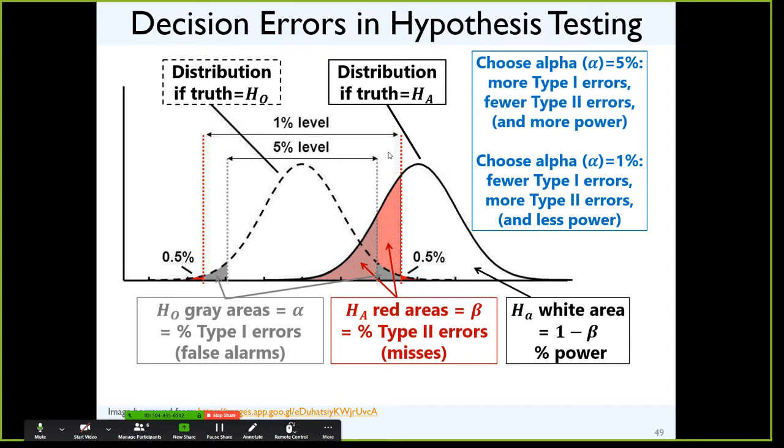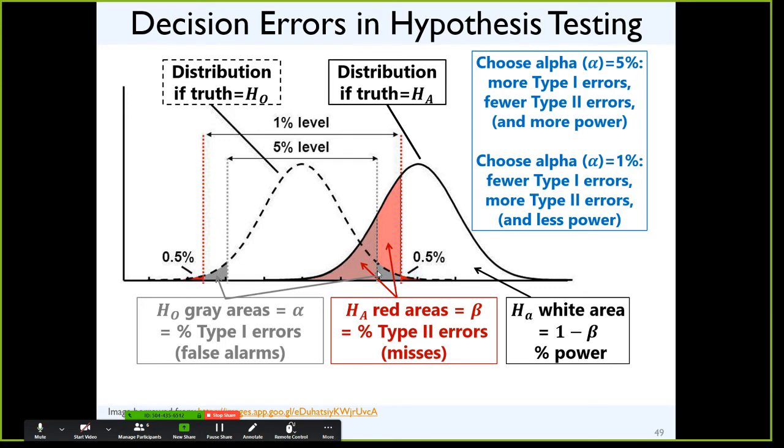So if we look at this picture here, the dashed line is H0. This is truth. What we have is the alternative over here. If I set an alpha of 0.05, that's this gray section right here.